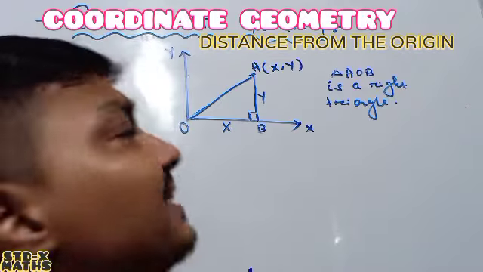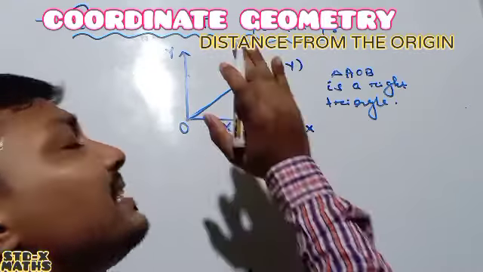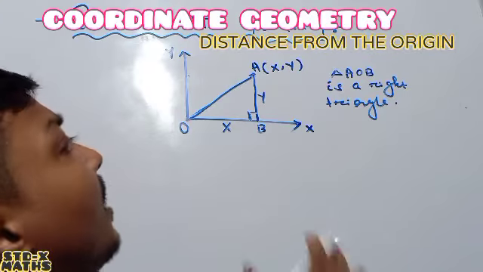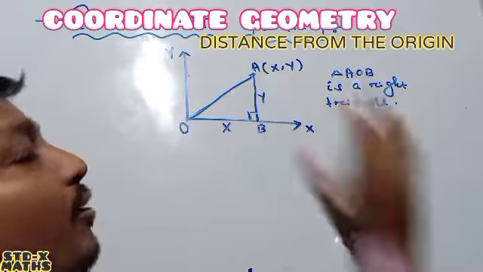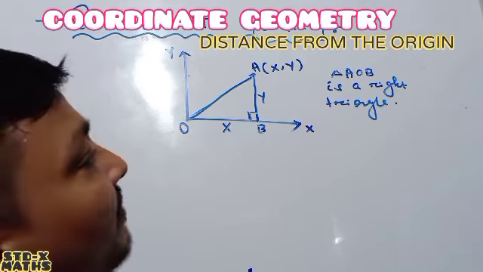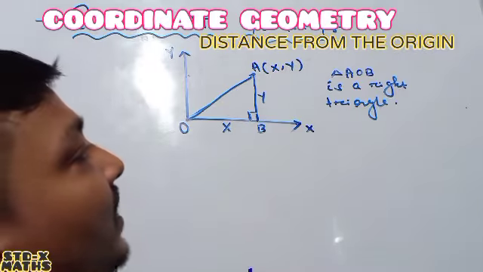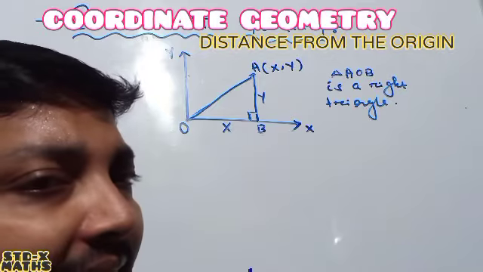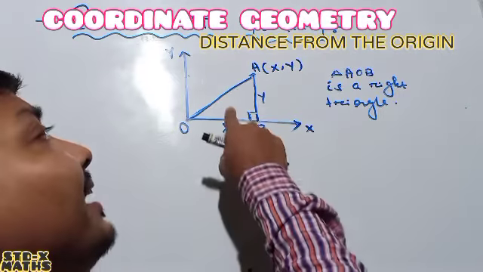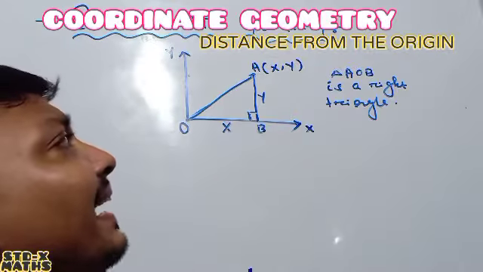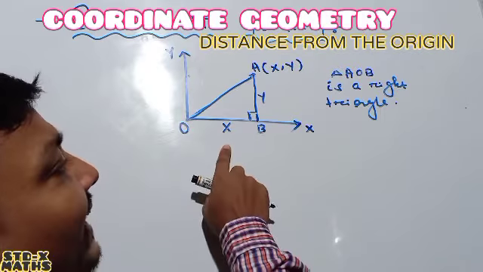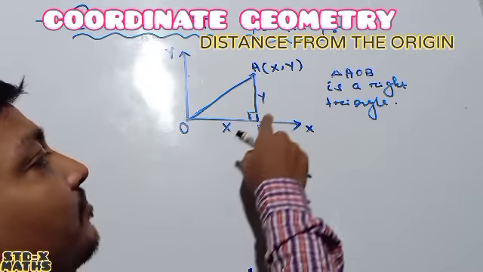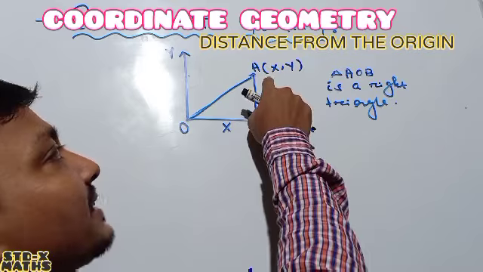In this triangle we have to find the distance AO. In the right angle triangle AOB, the base is given, and the perpendicular is given.